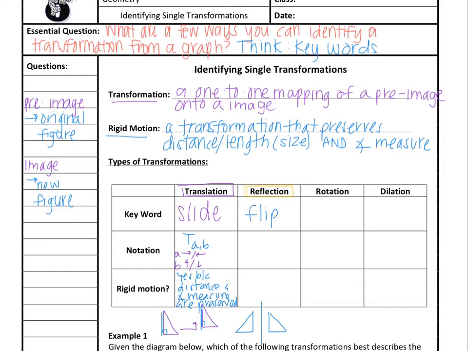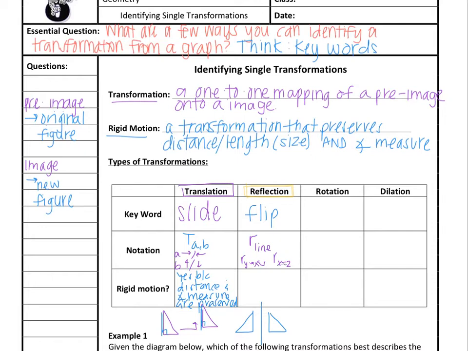So here it says the notation is a lowercase r, with the subscript being whatever line you're reflecting over. So you could reflect over something like the y-axis, or you could reflect over something like the line x equals 2.